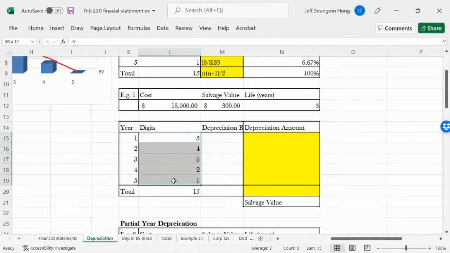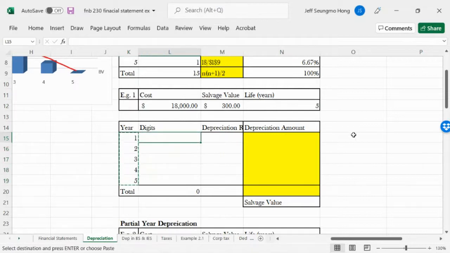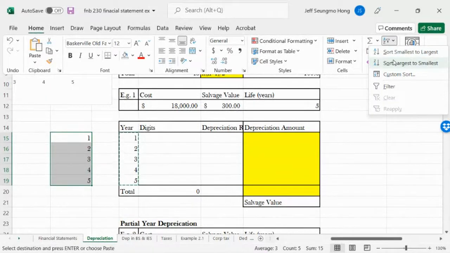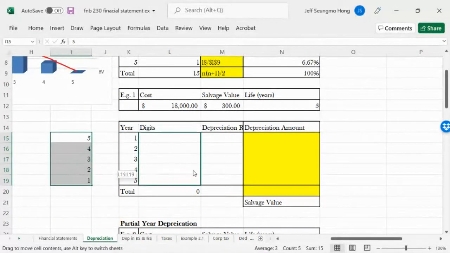Okay, then first, normally what I do here is, I copy this, and then I'll paste it here and reverse it here. So I will sort largest to smallest, right?